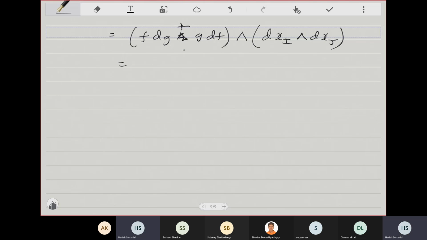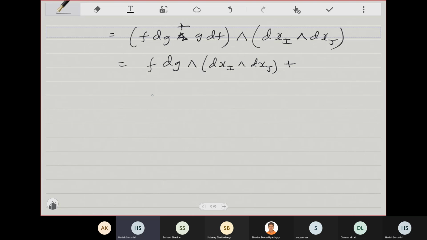I will now split it into two parts, f dg wedge dxi wedge dxj. I'm doing everything very carefully because it's a new kind of algebra that we are dealing with. Even to prove multiplication was associative, we had to do a tiny bit of work. So we cannot take anything for granted when dealing with this.